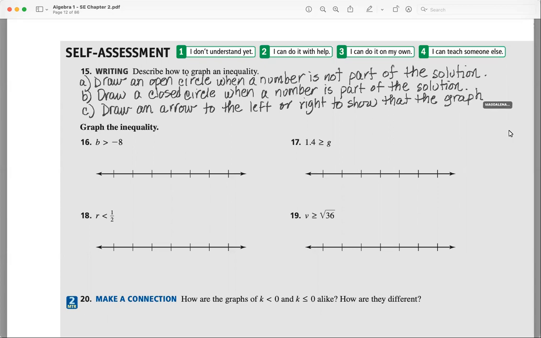Well, we're not just going to draw an arrow, right? We're going to shade in that direction.